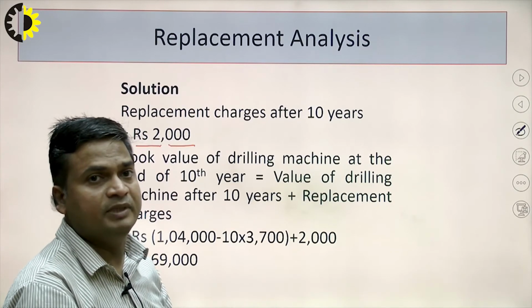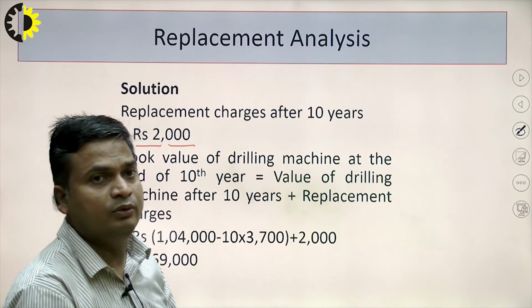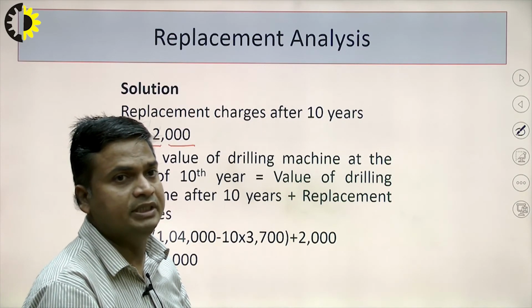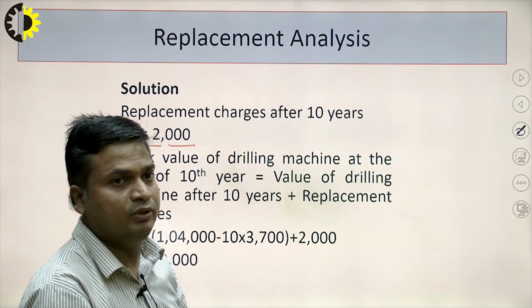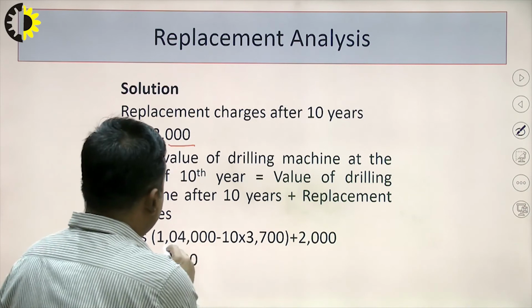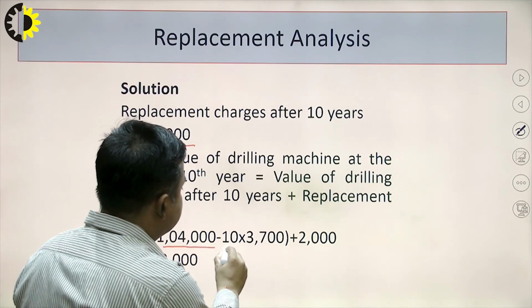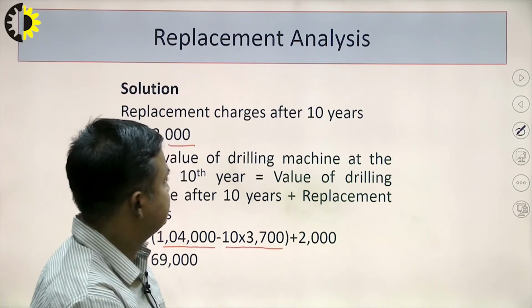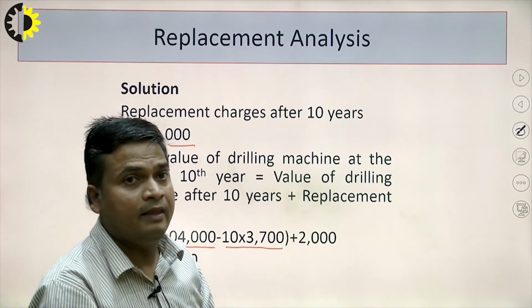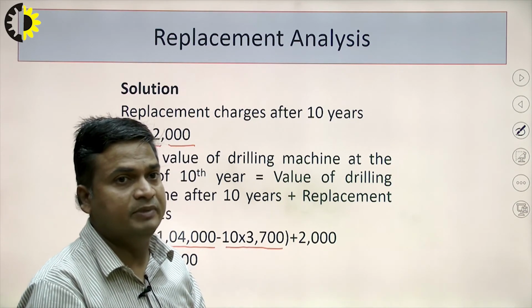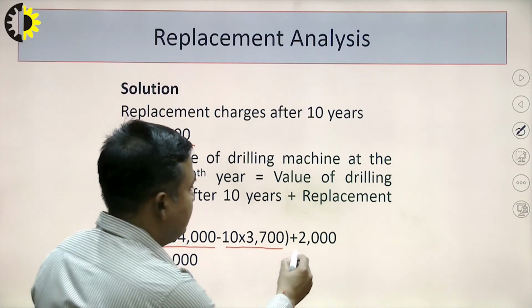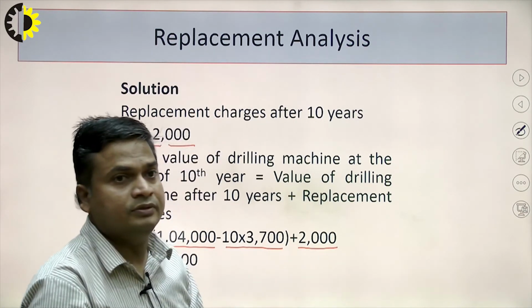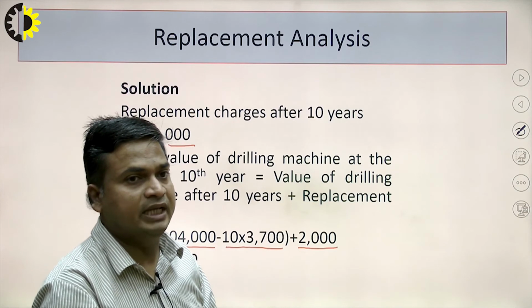Book value of the drilling machine at the end of the 10th year equals the value of the drilling machine after 10 years plus replacement charges, and it is equal to rupees 1,04,000 minus 10 into 3,700 plus 2,000. So, it will be rupees 69,000.